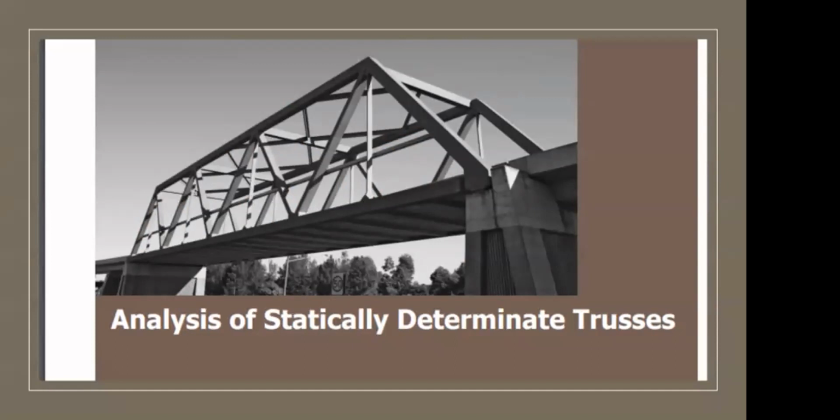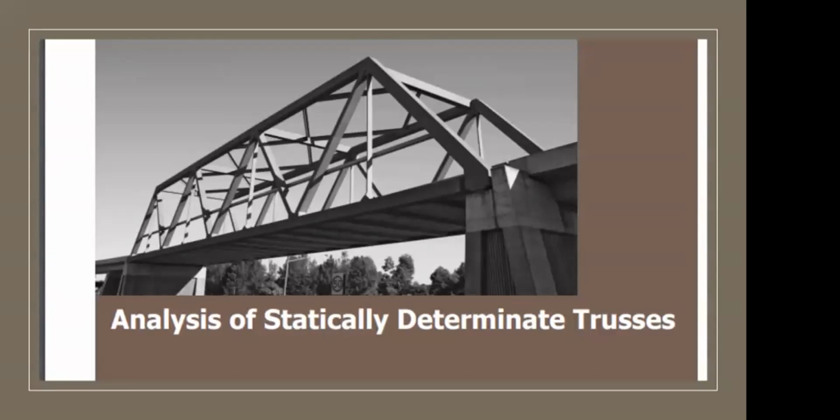If it is indeterminate, definitely we will develop another equation. Like in a simply supported beam, I don't develop any deflection or compatibility equation. If it is a propped cantilever, then definitely we need one extra equation. Likewise, in trusses, if it is statically determinate, the definition itself is very clear.